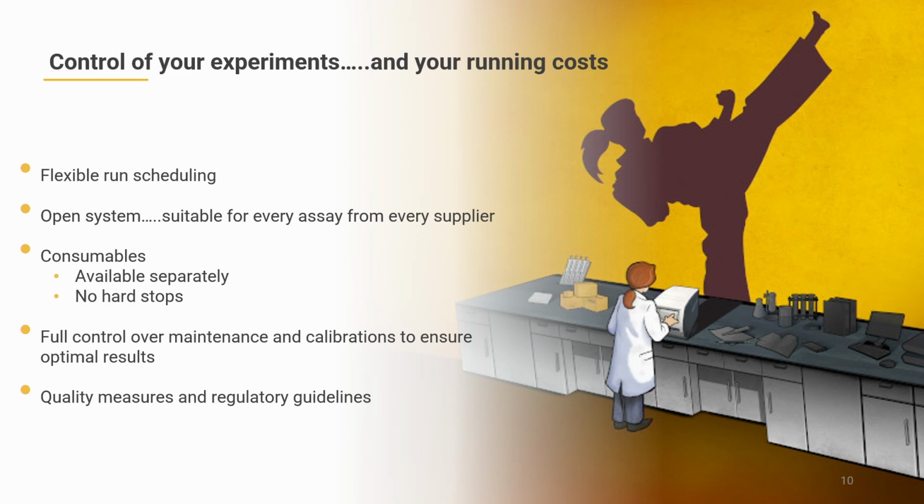And none of them have a hard stop on. So you make the decision when you change the consumables. The instrument will tell you when you have reached your injection limit or when you have reached your expiry. But if your results are still good, you can carry on running with those consumables, reducing your running costs further. You have full control over maintenance and calibrations, and you're in control of all of the quality measures and regulatory guidelines that you need to follow in your lab.